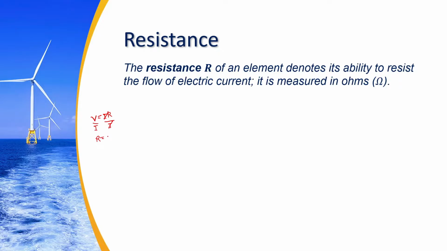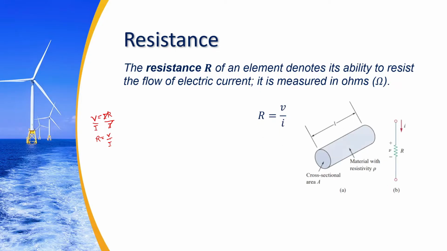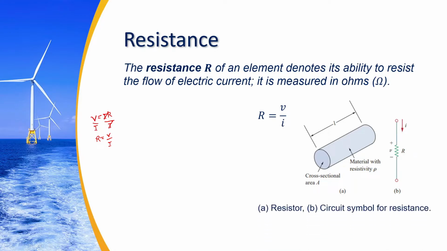So, ang resistance natin ay voltage over current. Okay, so dito, makikita natin na yung resistance, may kinalaman din siya sa material with resistivity and also for the cross-sectional area and the length of the material. Okay, for the symbols representation, yung R, siya yung resistors natin.